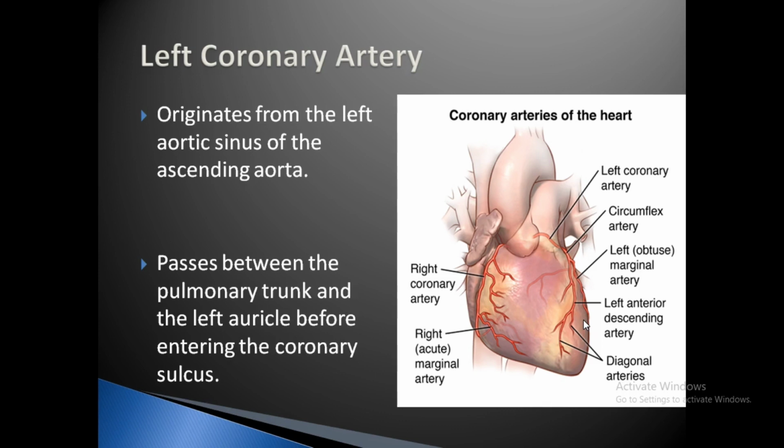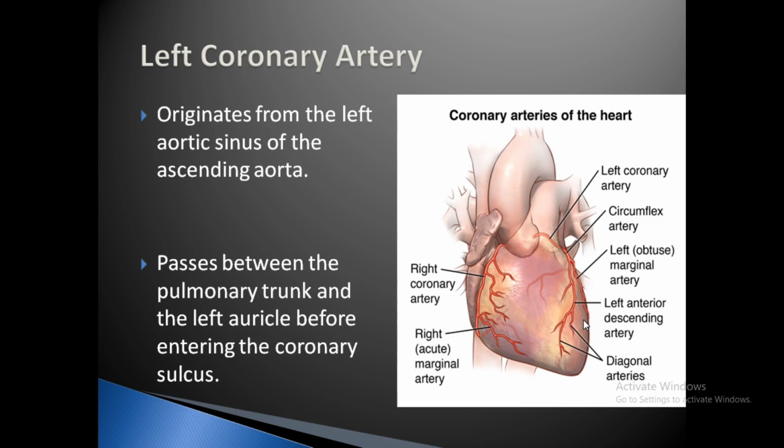Then the right coronary artery passes anteriorly between the pulmonary trunk and the right auricle, whereas the left coronary artery passes anteriorly between the pulmonary trunk and the left auricle before entering the coronary sulcus.